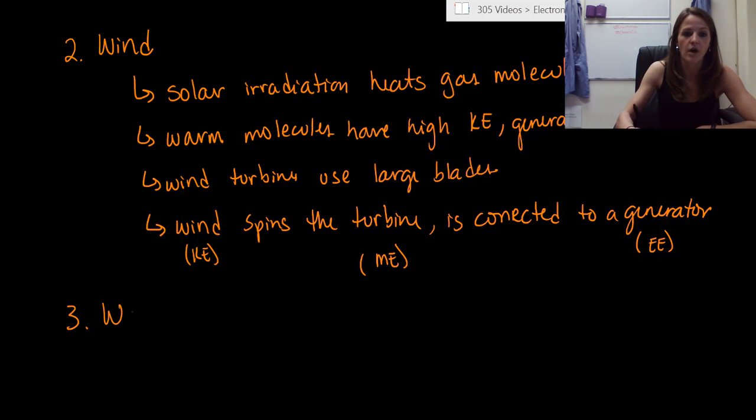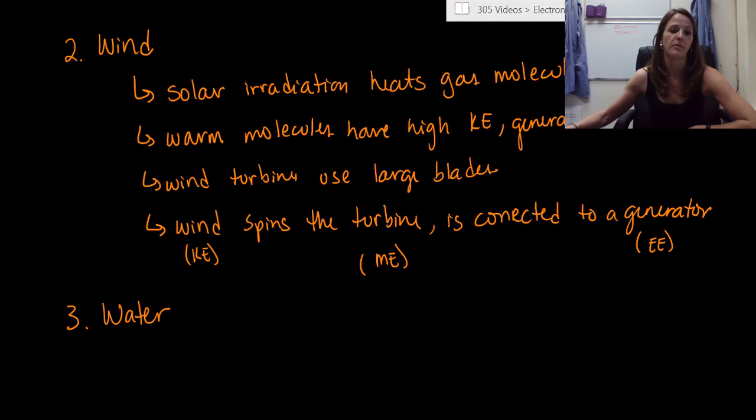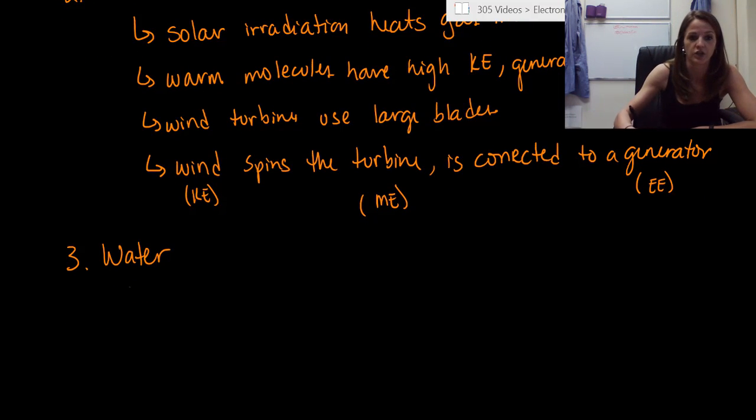All right, now let's talk about water. This one's fairly straightforward because we're just going to look at hydroelectric pieces. We're going to focus on dams for this section, okay?